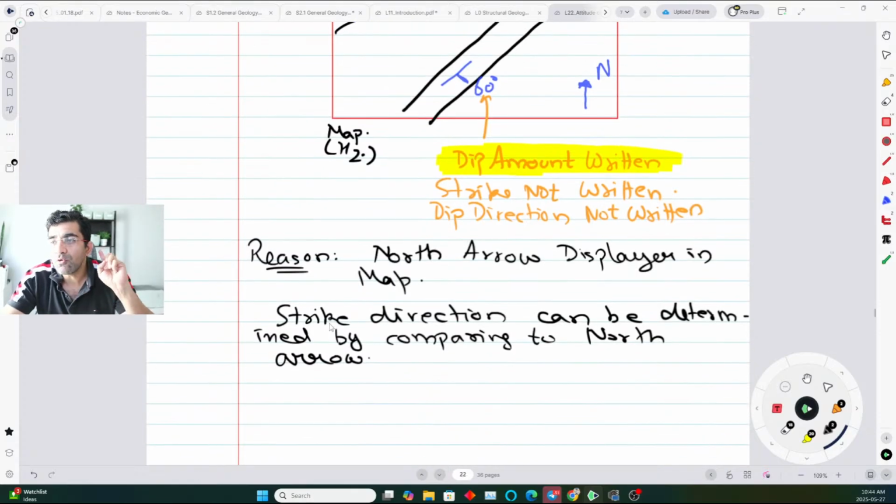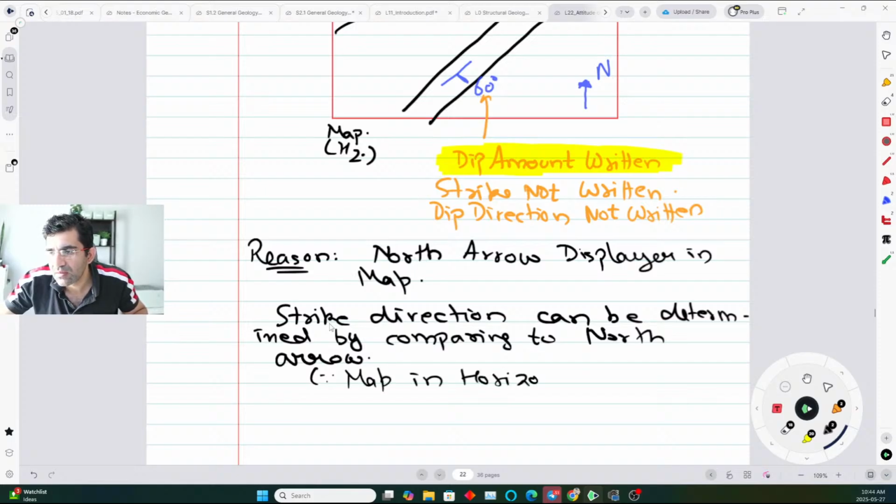And why can only strike be determined? Because a map is horizontal. A map is always horizontal.